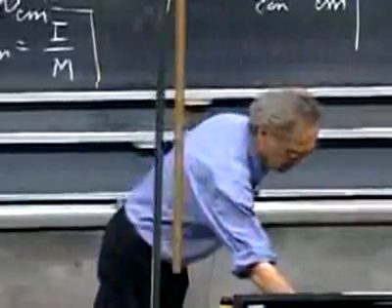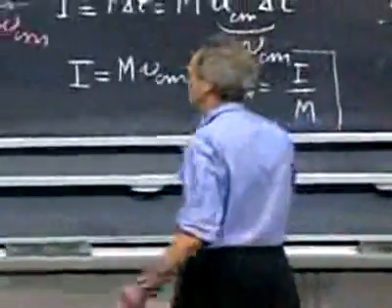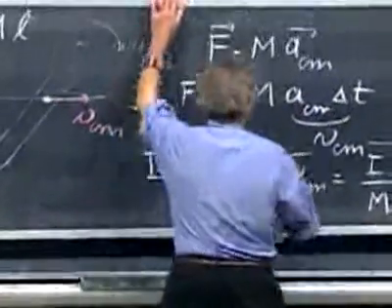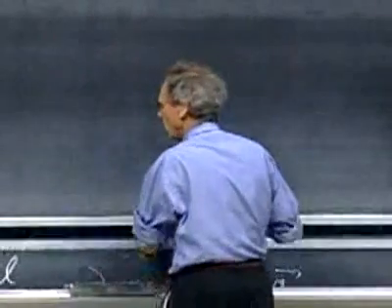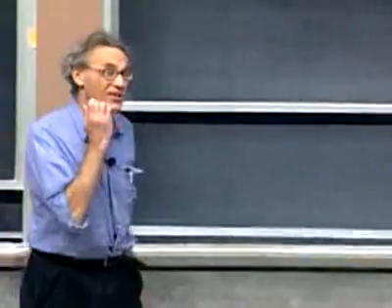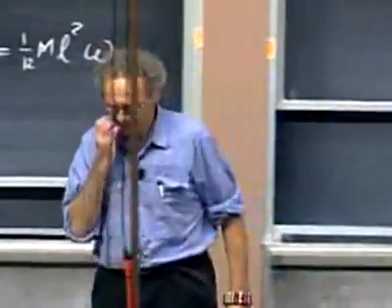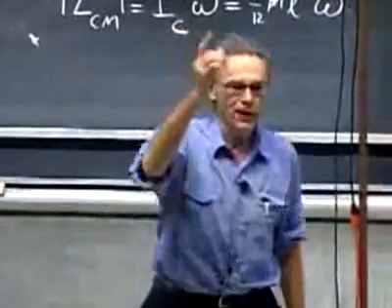Now comes another application of the use of torques, and that has to do with simple harmonic oscillations. We were able to calculate the period of oscillations of a pendulum. That was relatively easy.